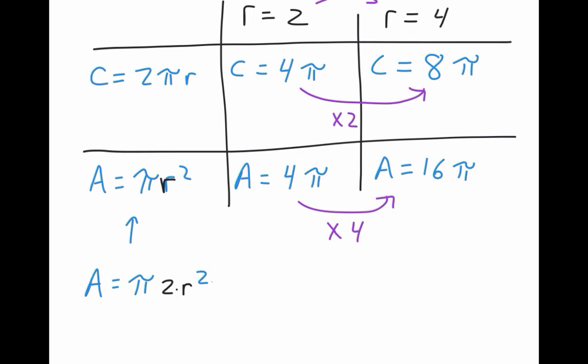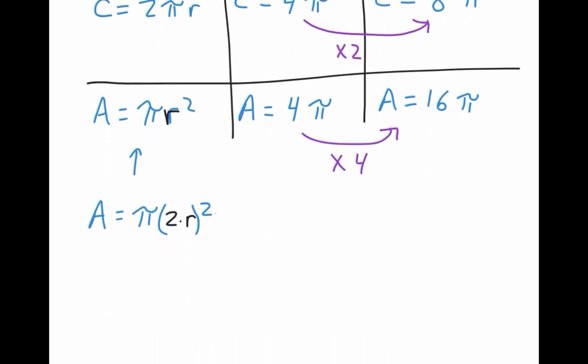But when we square that, we need to have that 2r in parentheses, because we need to make the radius twice as big before we actually square it. So you'll remember now that the exponent there applies to everything inside the parentheses. So my new area becomes pi times 2 squared times r squared.